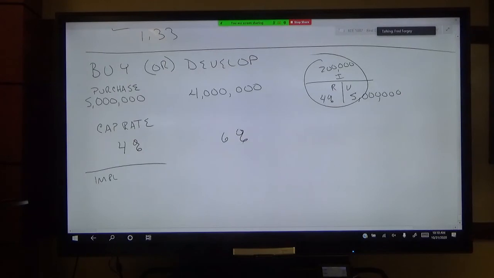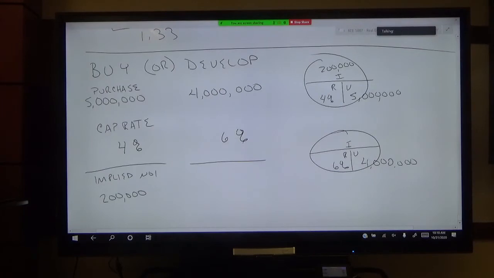So implied NOI would be 200,000. Over here, for this one, a 6% cap rate and a value of 4 million. That would mean an implied NOI of 240,000.